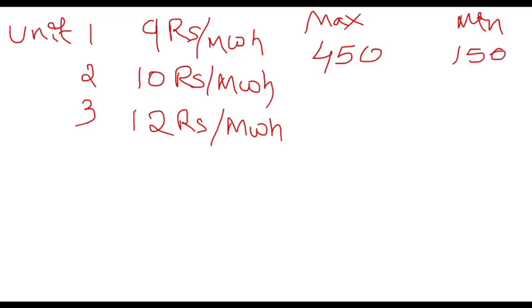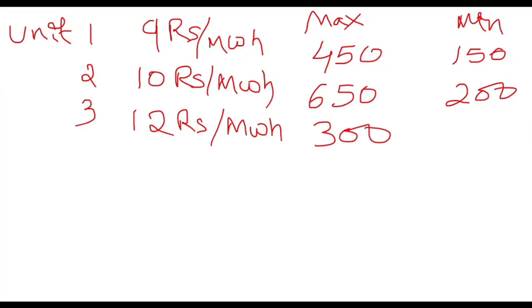For Unit 2, let us take the maximum as 650 megawatt, and the minimum as 200 megawatt. For Unit 3, let us say the maximum is 300 megawatt, and the minimum is 100 megawatt. So these are the units available.